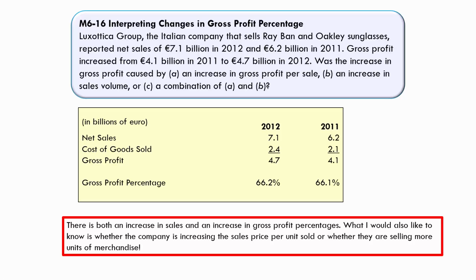I wouldn't have any problem moving the decimals. This one again is 4.1 divided by 6.2, and that's how they get 66.1%. So the gross profit percentage, from the first year to the second year, is increasing, and sales is increasing as well, from 6.2 to 7.1.